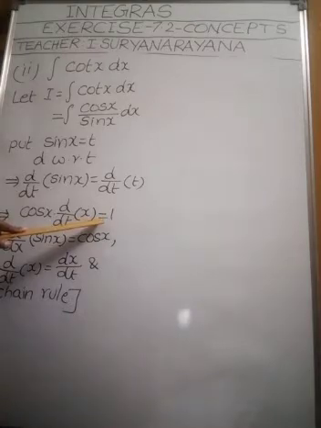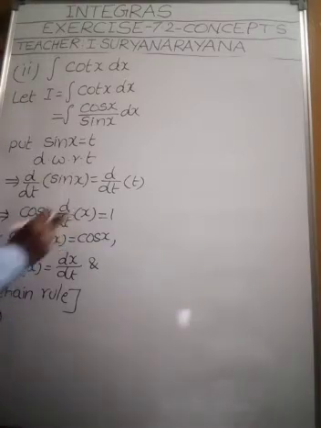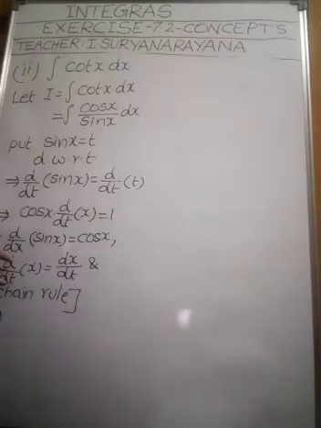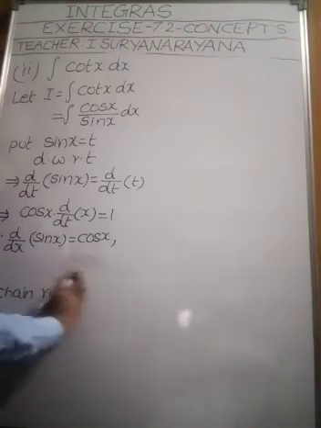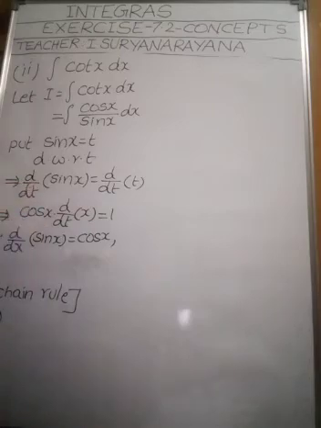Understood this step, my dear children? Right. This implies, let us write this one. I did not use this formula here. Just we used only this part, d by dx of, that's all, and the chain rule only.